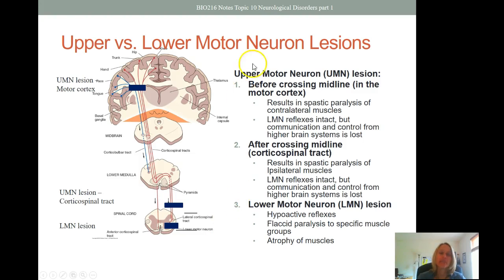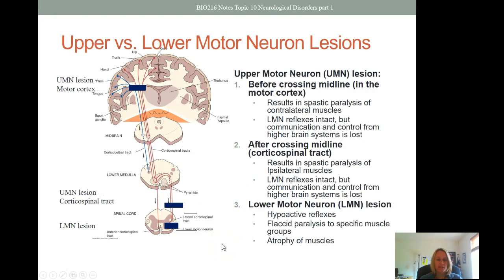So if we have an upper motor neuron lesion, this lesion could be either in the brain before crossing over at the level of the medulla, and this is going to result in a spastic paralysis of the contralateral muscles.